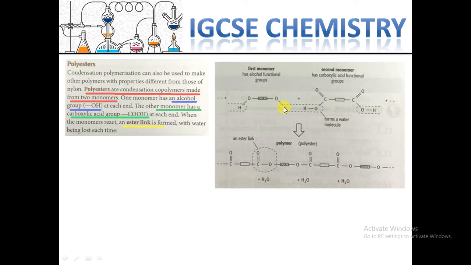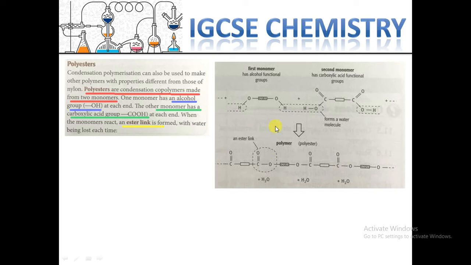Then one hydrogen from the alcohol group and one hydrogen and oxygen from the carboxylic acid group react together and produce water, which is separated. The rest, the main chain, produces the polymer, which is called polyester.